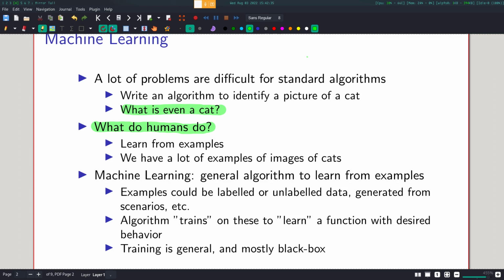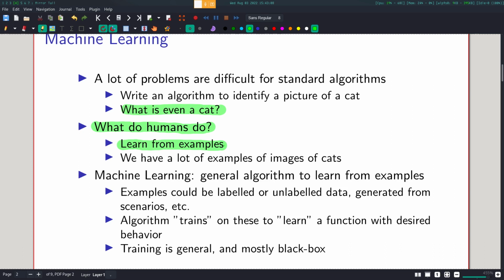If you think about the total number of examples of cats you have seen throughout your entire life, it's a huge number. Even a 2-3 year old baby sees a huge number of examples of cats. So what we do as humans essentially is we usually learn from examples. Somehow we look at examples and we automatically get an idea of what this cat thing is.